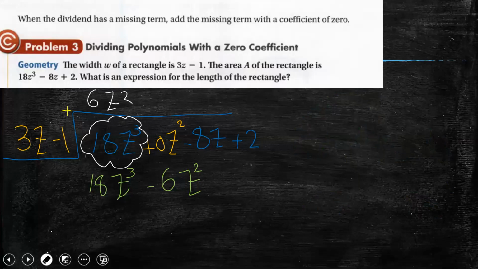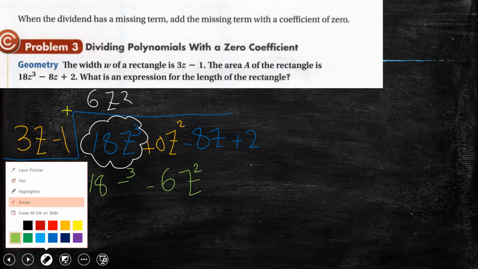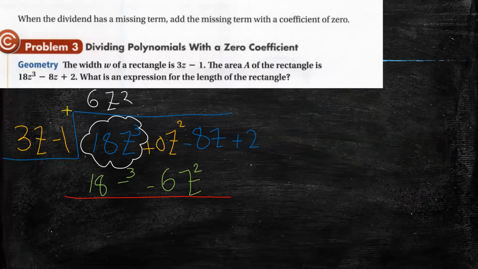Then after that, change the sign. Now, here we have first put minus. This minus, when it comes, so minus. Change the sign now. So this is minus, and this is a plus.